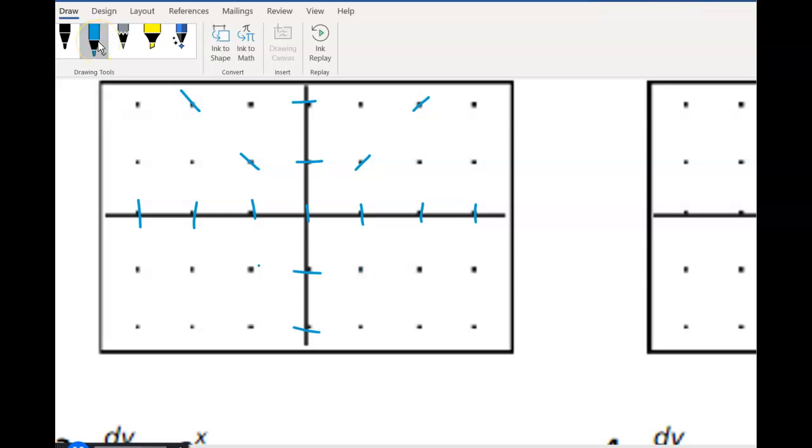Right. So then I just start filling in all my slopes. So -3 on x, -1 on y, those are negatives.